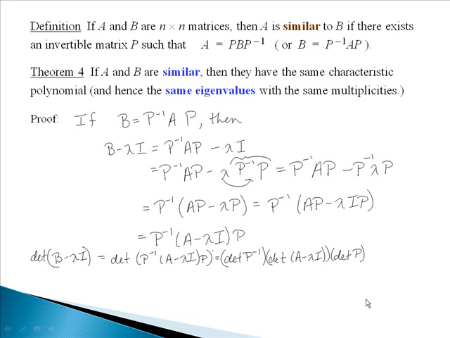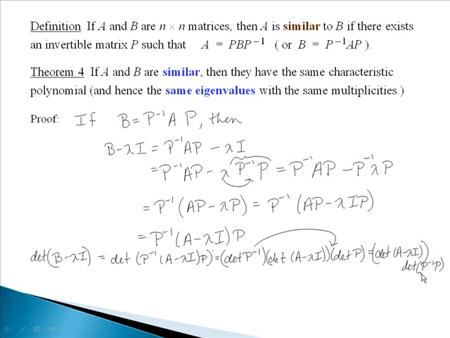But remember that the determinant is just a scalar, just a number. So we can move that around, and I can move the determinant of P inverse over to the middle, so that will be equal to the determinant of A minus lambda I times the determinant of P inverse P. And so basically I've moved it over and then gone backwards in my definition.